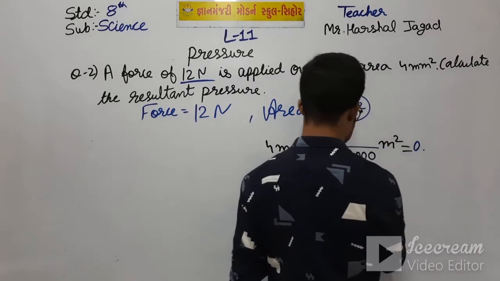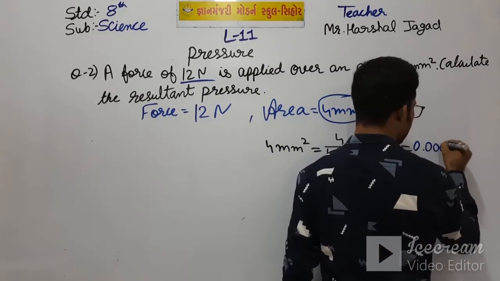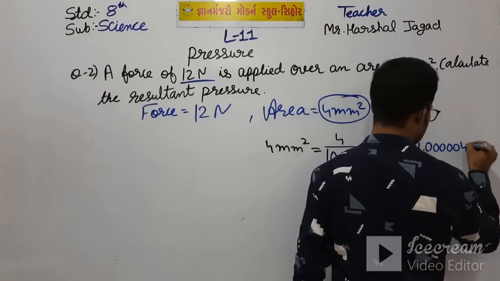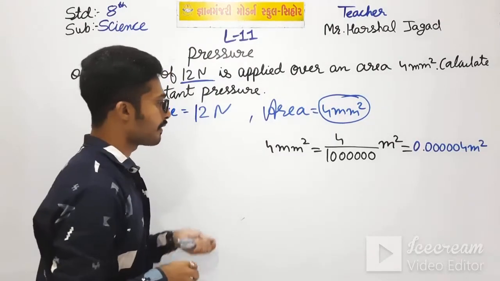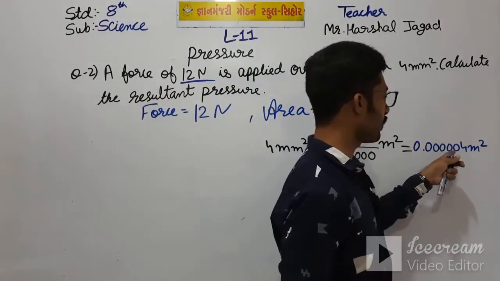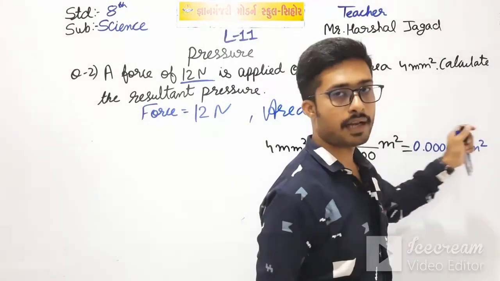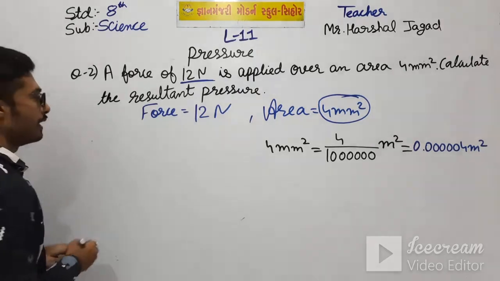So 4 mm square is equal to 0.000004 meter square.